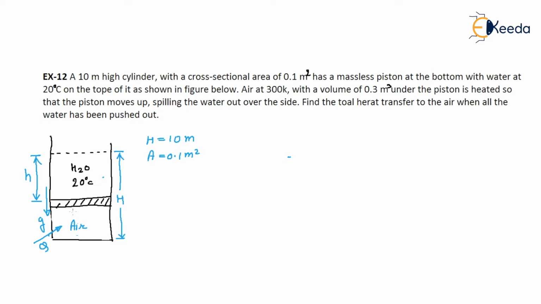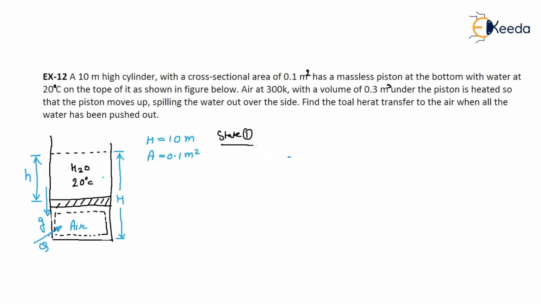But air can be taken as a closed system, because as the piston moves up, the air is always trapped inside the cylinder and no air is transferred out. So air acts as a closed system. This is our system.